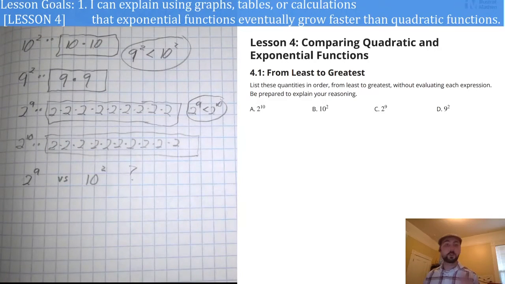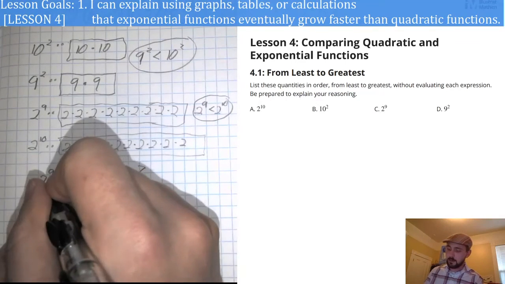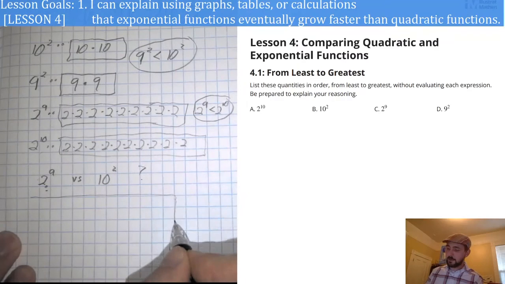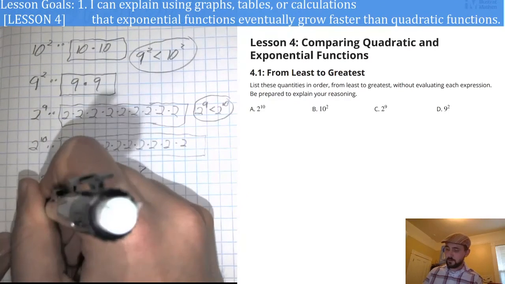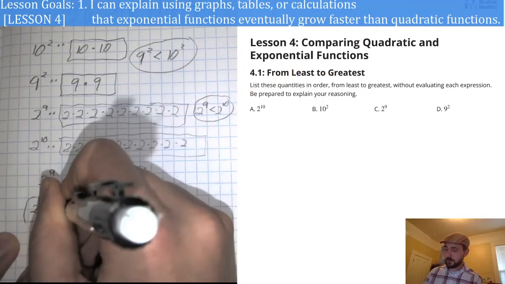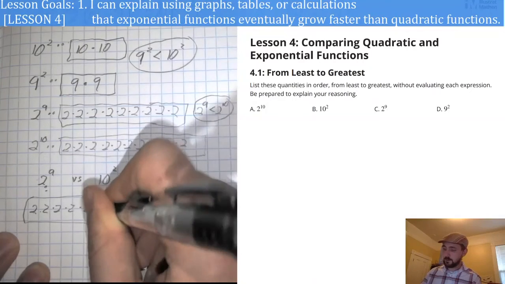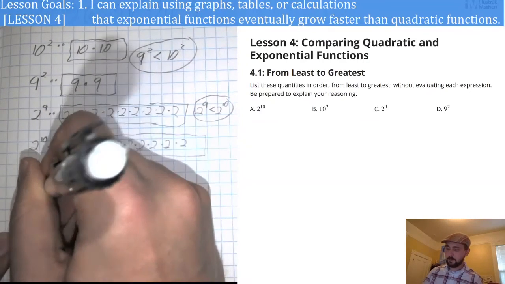Well, there's more than one way to do this. But when I look at this, something that pops out in my mind is we know that 2 to the 9th power is 9 copies of 2, right? 1, 2, 3, 4, 5, 6, 7, 8, 9 copies of 2.